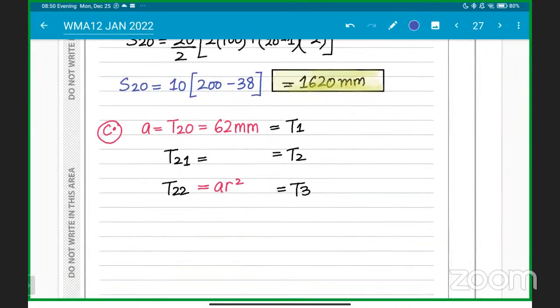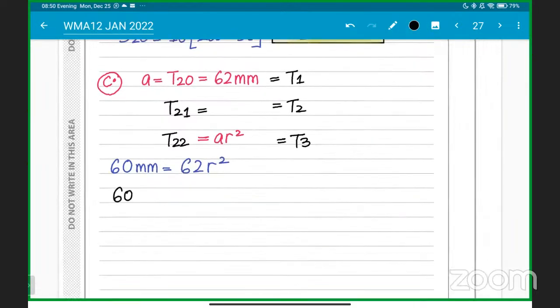So we have A R square as the third term, and now for 2 marks we can simply equate it. We already know that 60 millimeter is the answer for the 22nd hit, so it will be compared with the A value. We already know the A value is 62. We just don't know R square. So R square we can find by 60 divided by 62.